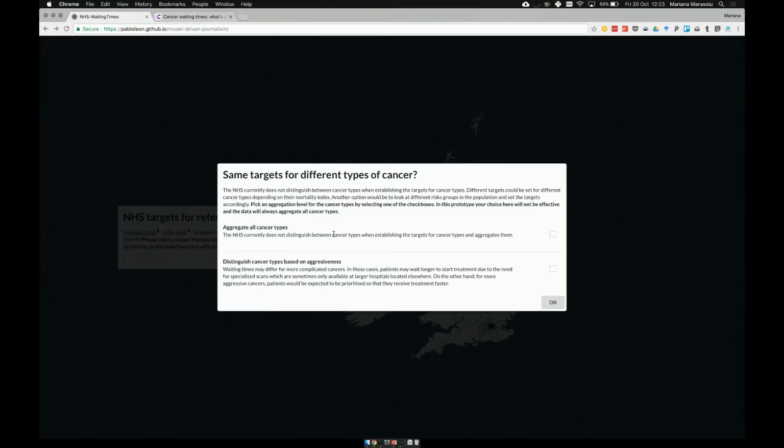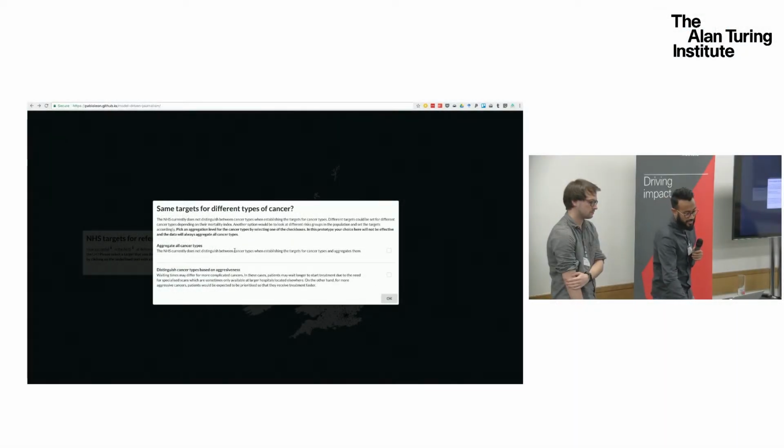And then also, in terms of what I was speaking about earlier on, we can allow the user to think about what is the most sensible way to compare different NHS trusts. So whether we should be aggregating all cancer types, or whether it's more sensible to look at waiting time targets in terms of the different cancer types, because you'd expect waiting times to differ depending on what kind of cancer you have.